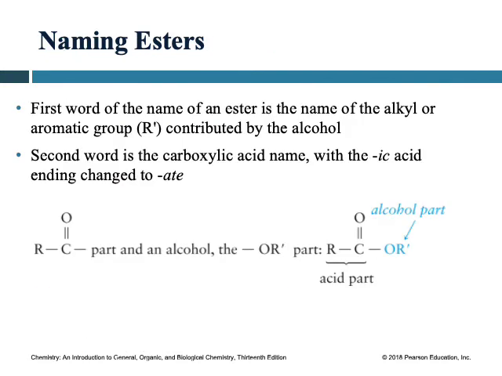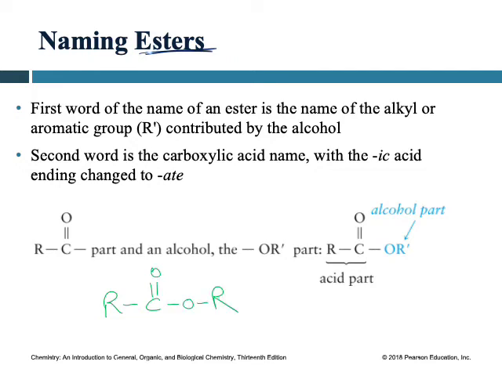Okay, so now let's learn how we can name an ester compound, an ester bond containing organic compound. So the most important thing over here, like I told you, an ester is RCO double bond OR.